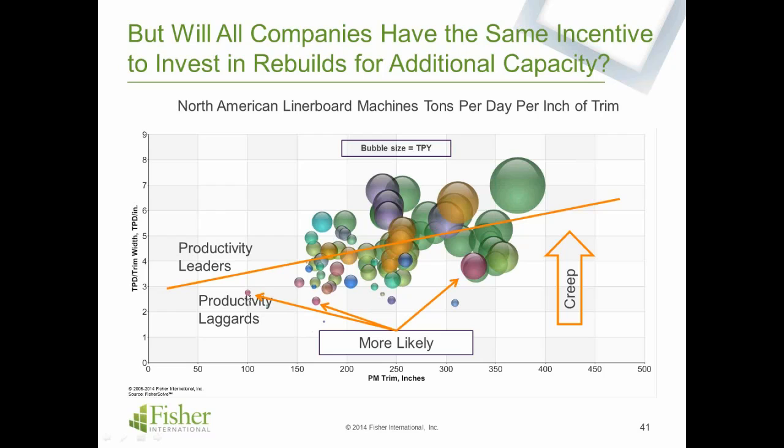All of my machines are lagging behind. And so I have much more of an incentive to get above the line, and I'm willing to accept perhaps the consequences that might come from increased supply of product in my marketplace. So again, we can draw conclusions that these machines would be more likely to be rebuilt than others in that category.